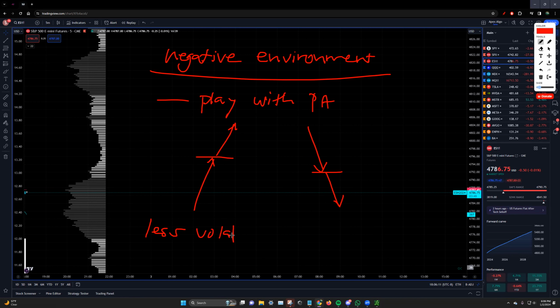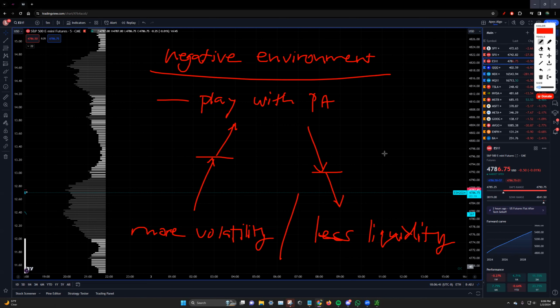Oh, sorry, not less volatility, more volatility with negative. So more volatility and less liquidity.